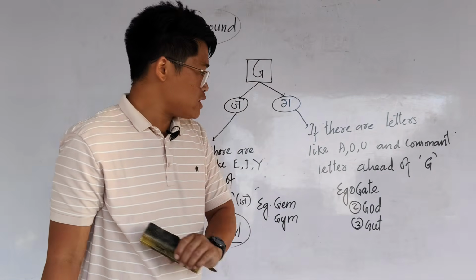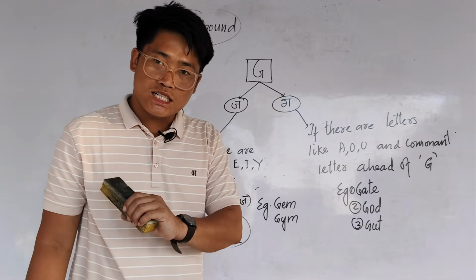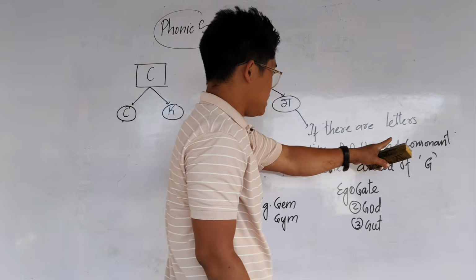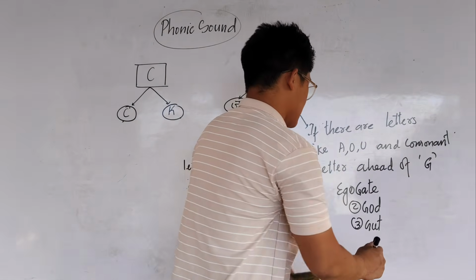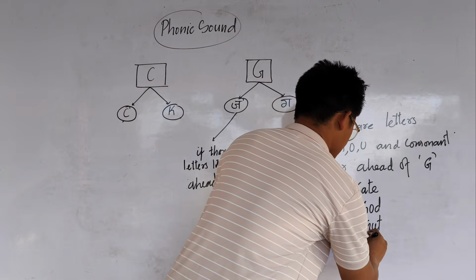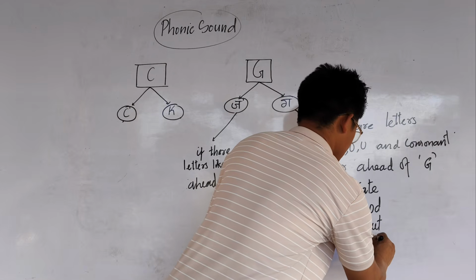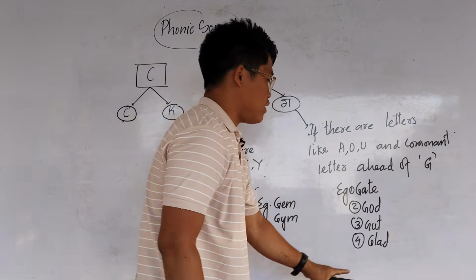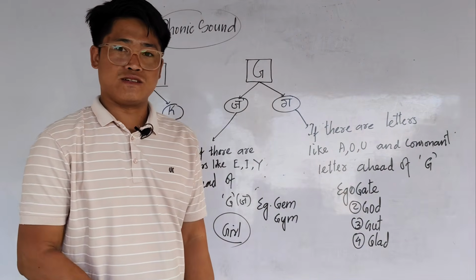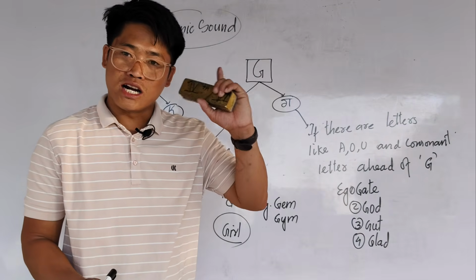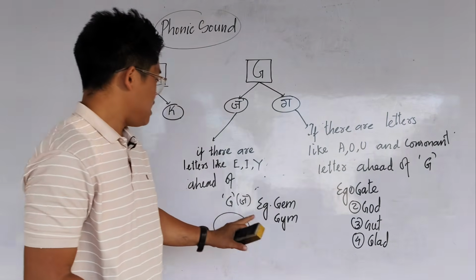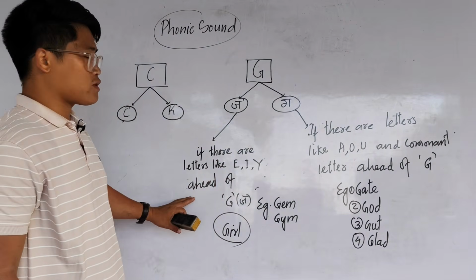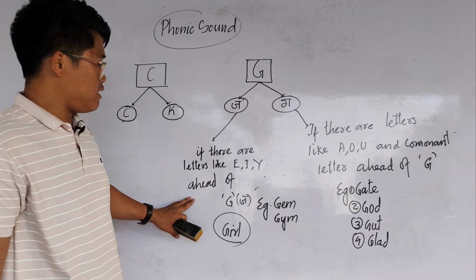G-O-D, God. G-U-T, gut. And let us take another example for a consonant letter, G-L-A-D. How is it pronounced? Glad. So we go with the sound G.